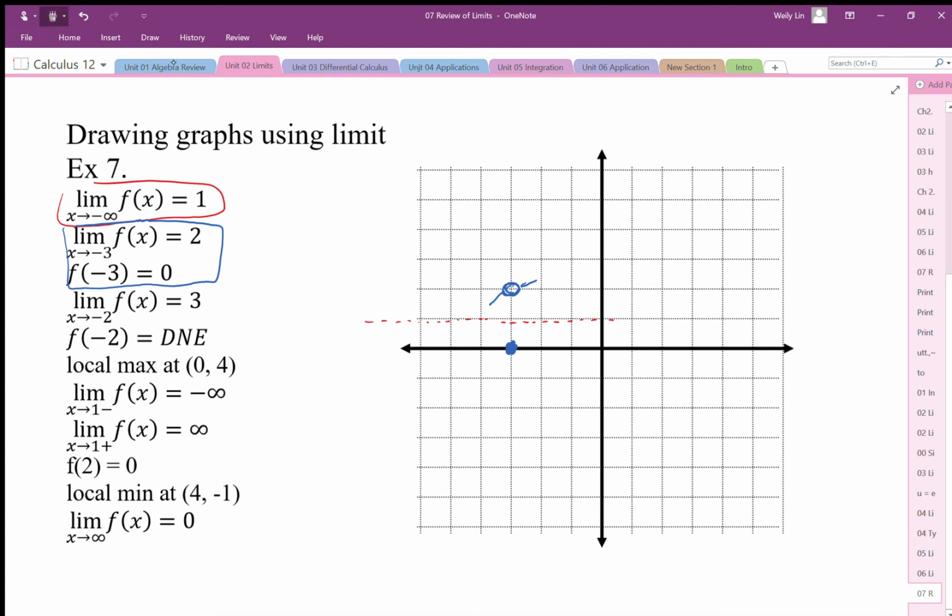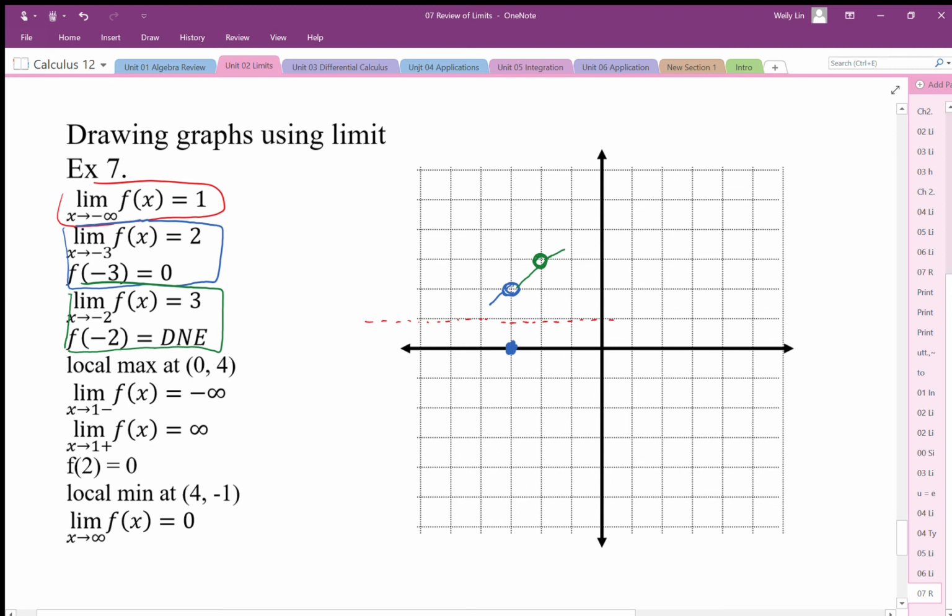Okay, so I'm going to just do maybe this one in green. And as we approach 2 from both sides, we're going to hit a value of 3. And it's going to go through that point like that. Okay, and it looks like at negative 2, there's no point that exists there.